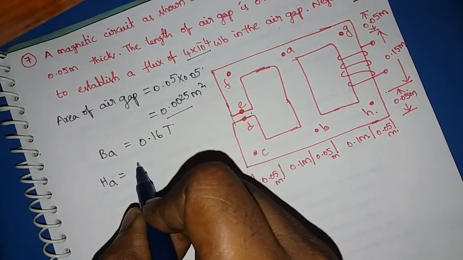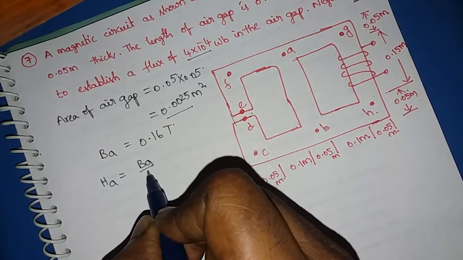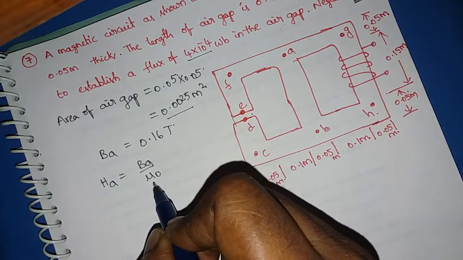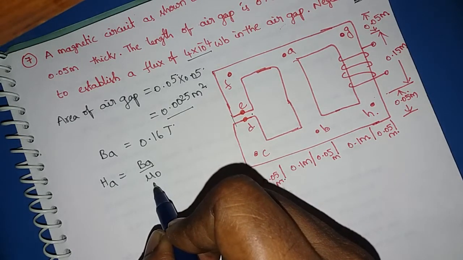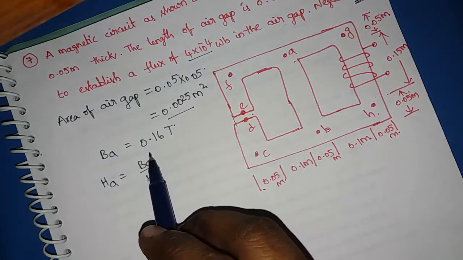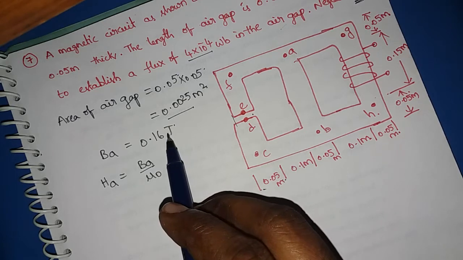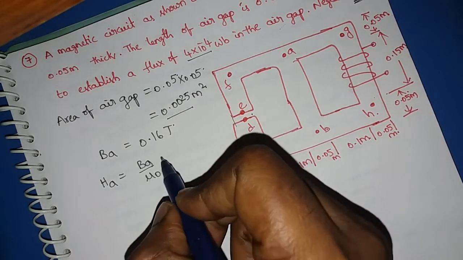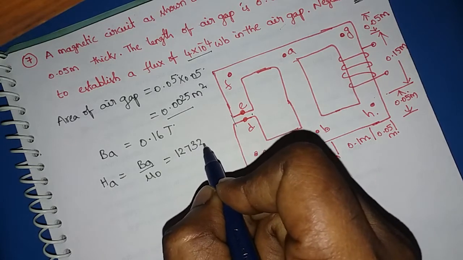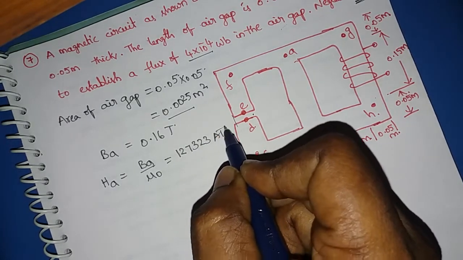Magnetic field intensity is Ba by mu naught. Mu naught is 4 pi into 10 power minus 7 Henry per meter, and Ba is 0.16 Tesla. So hence you may get the value, that is 127,323 ampere turns per meter.